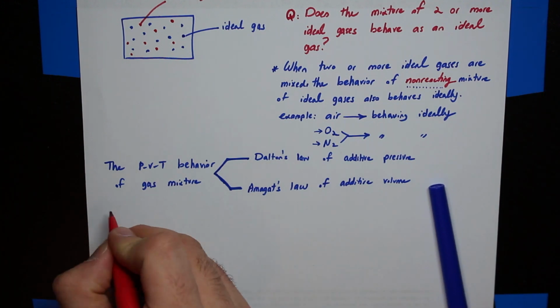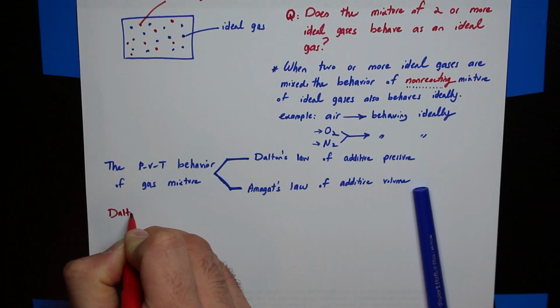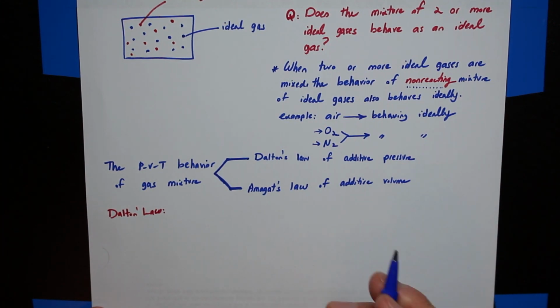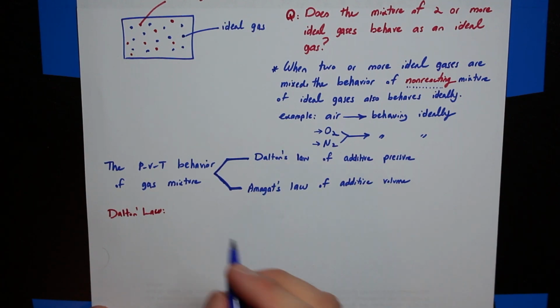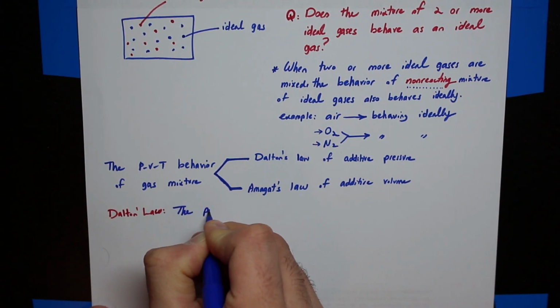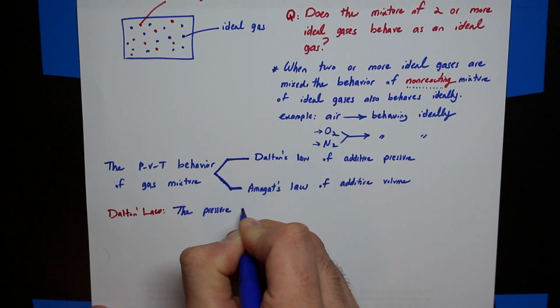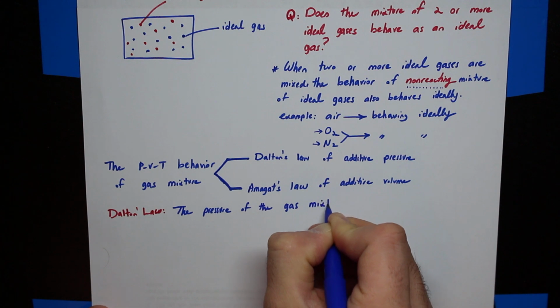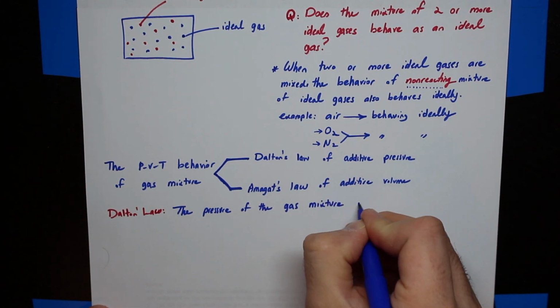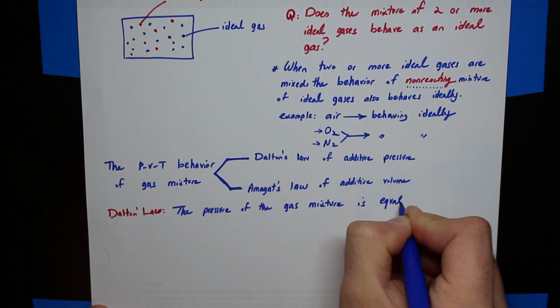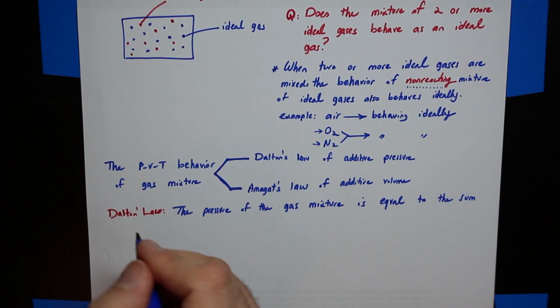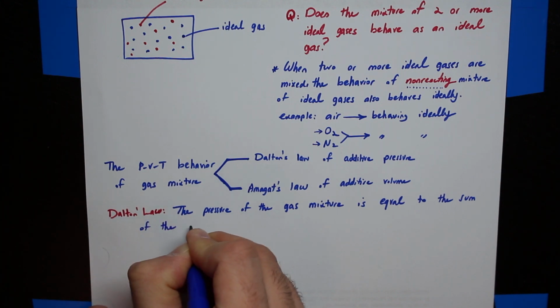So in Dalton's law, the pressure of a gas mixture is basically equal to the sum of the pressure of each component.